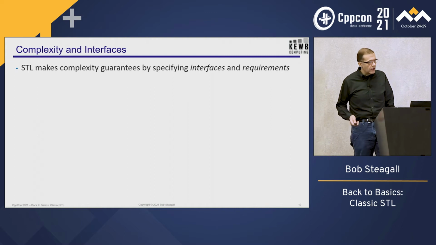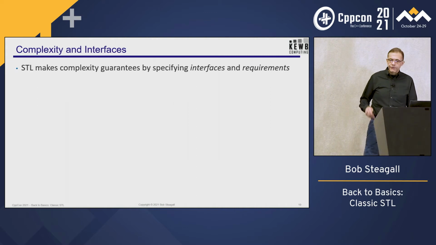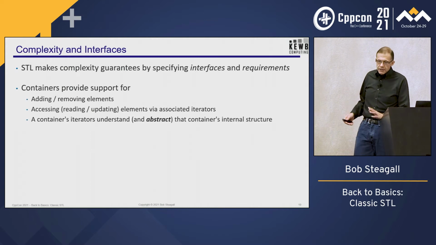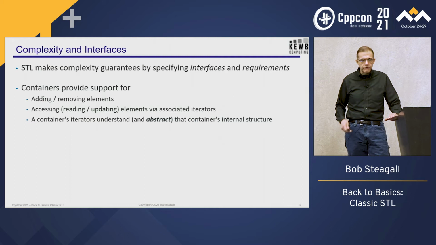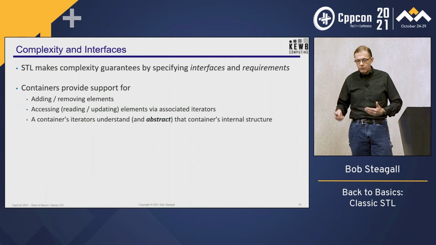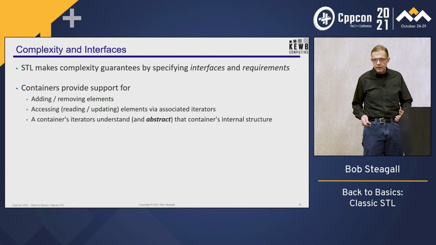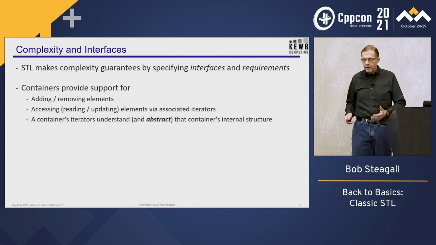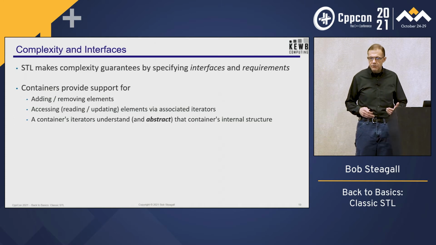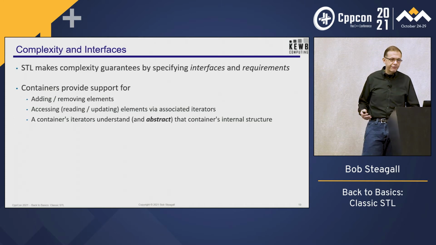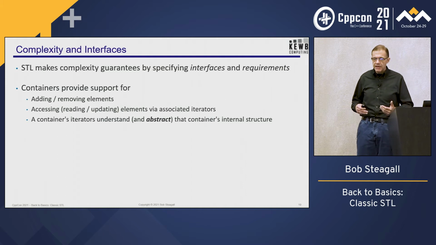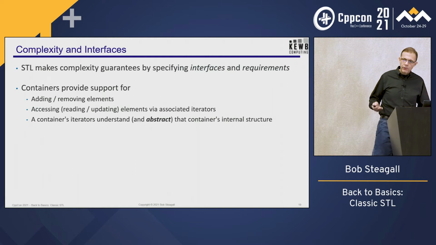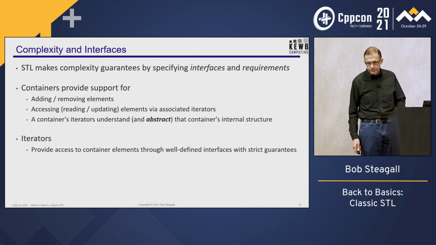So the STL makes complexity guarantees by specifying interfaces and requirements. And so the containers provide support for all of these operations: adding and removing elements, accessing and reading elements, providing iterators, and the iterators that a container provides understand that container's internal structure and how to find and access the elements inside that container. They abstract the internal structure into a form that the algorithms can use.